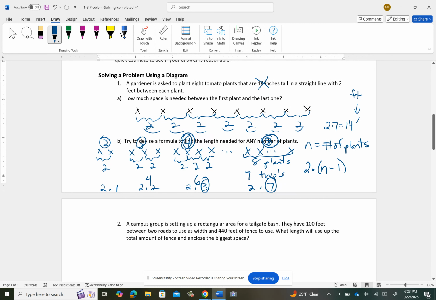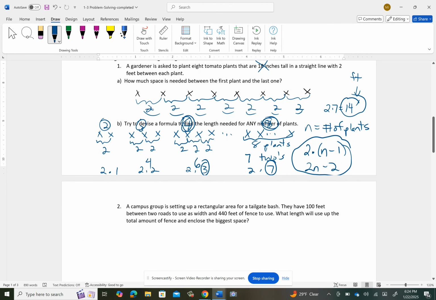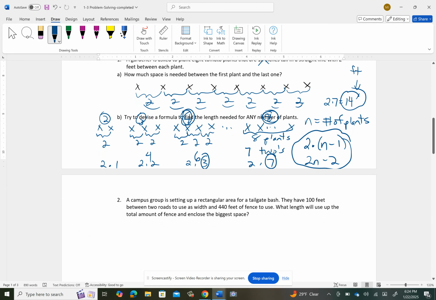So it looks like 2 times n minus 1, and if you know about the distributive property, that would be okay also. So you would say 14 feet for part A, and you'd say either 2 times the quantity n minus 1 or 2n minus 2. And you're letting n be the number of plants.